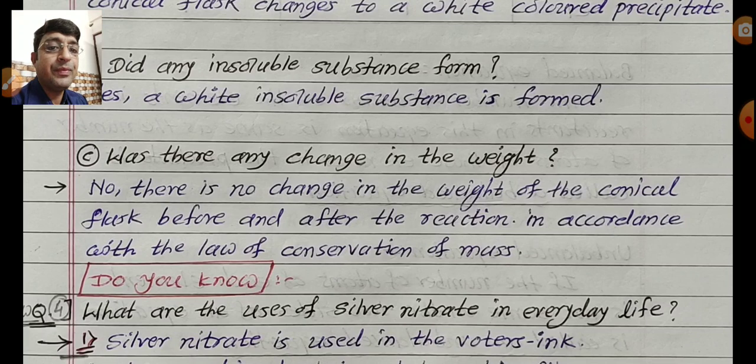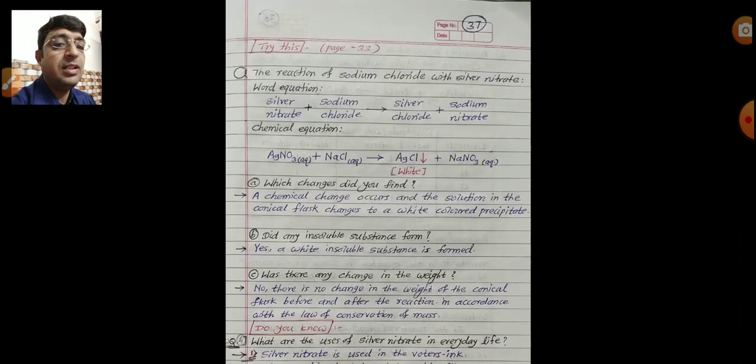So do you know what are the uses of silver nitrate in everyday life? Now one use is given in our textbook. You find out 3 to 4 more uses. One use is given in our textbook: silver nitrate is used in indelible ink. So this is a homework question.